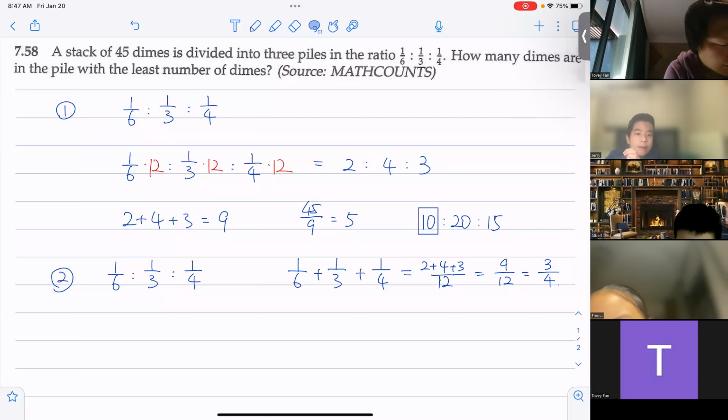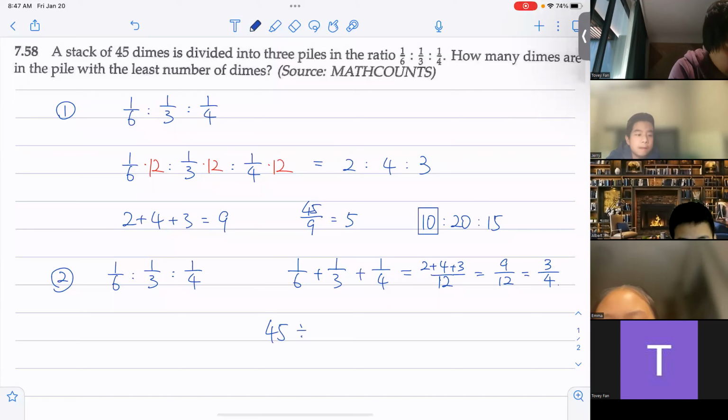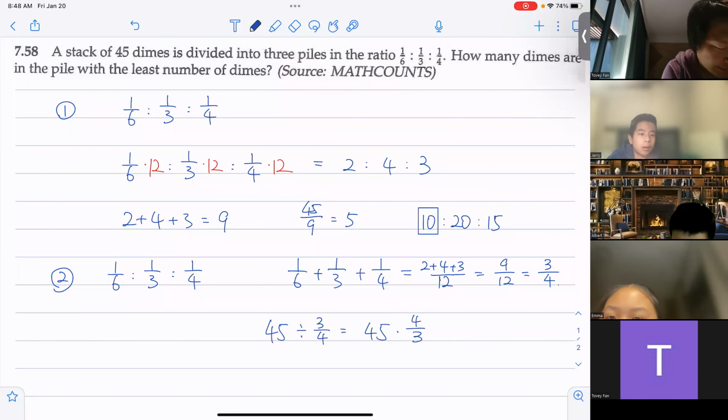Okay, in this case, we don't have to change it into integers. And we do the same thing, right? We divide 45 by it, like this. And that means we change it into a fraction, and we times its reciprocal. Number times its reciprocal cancel out, we get 60.